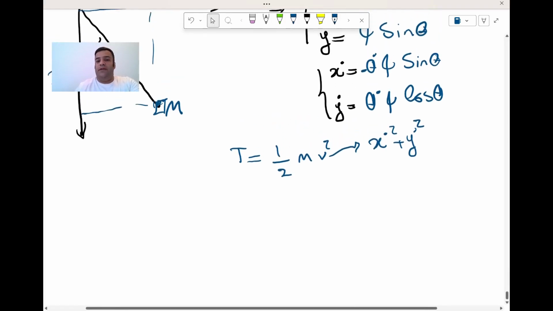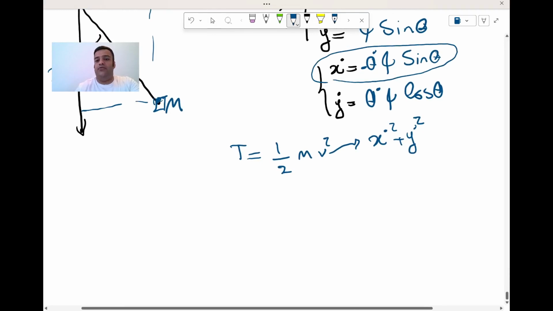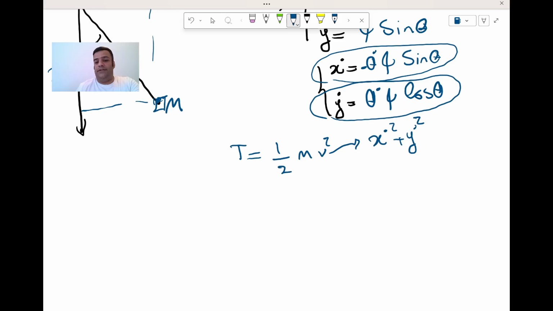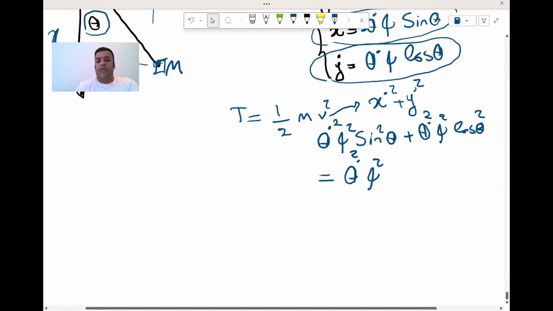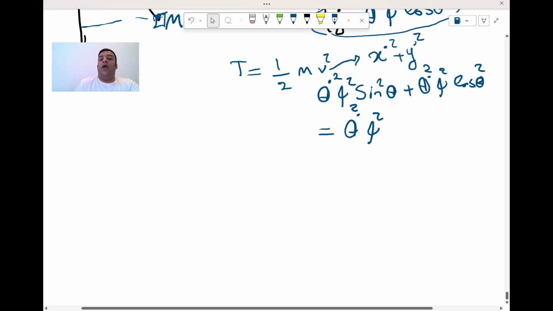Okay, if we calculate this squared and add it to this squared, it is theta dot squared L squared sine squared theta plus theta dot squared L squared cosine squared theta, and the final answer is theta dot squared L squared. Am I right?